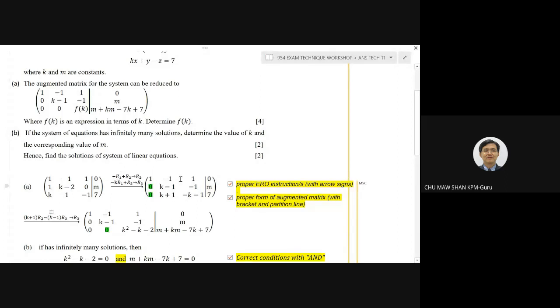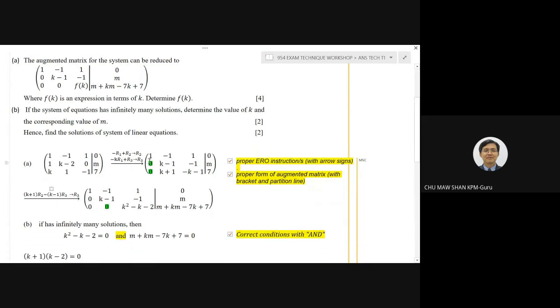Tak ada lain. So we say it's a proper ERO instruction with arrow signs. Okay, so make sure, because we want to reduce into echelon form, so we must make sure this is 0, 0.